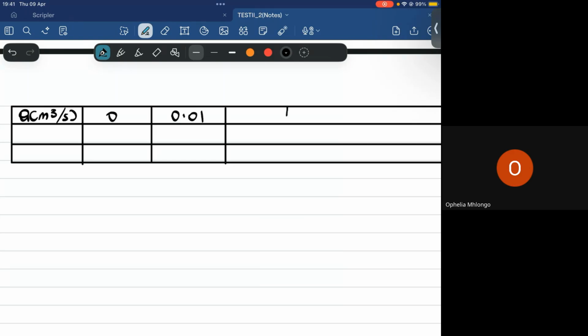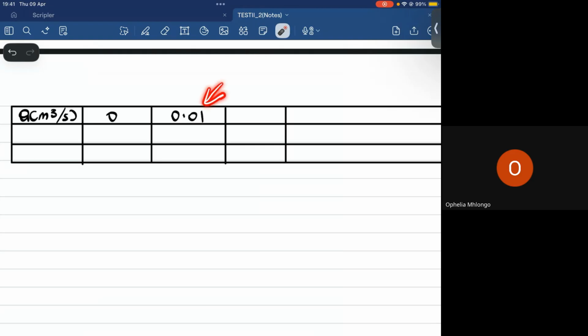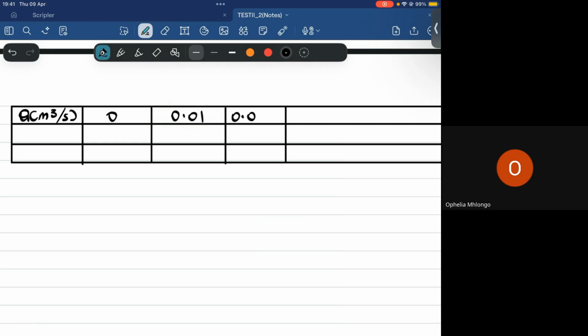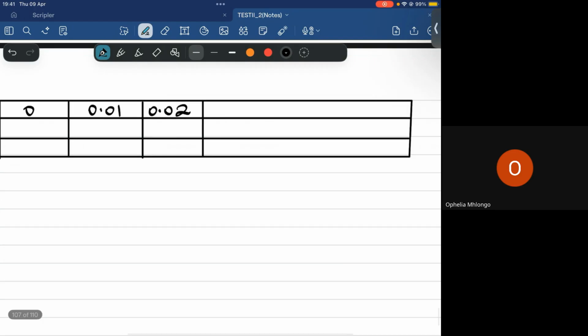Then I'll add 0.01 to this reading, which gives 0.02. Adding 0.01 again, that will be 0.03, followed by 0.04, and lastly 0.05.